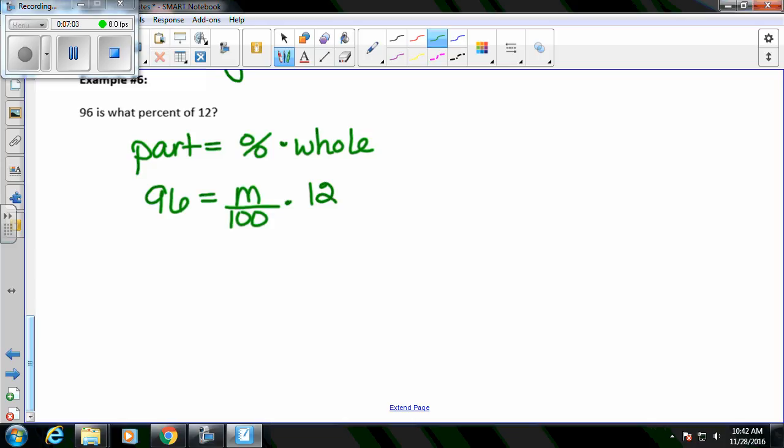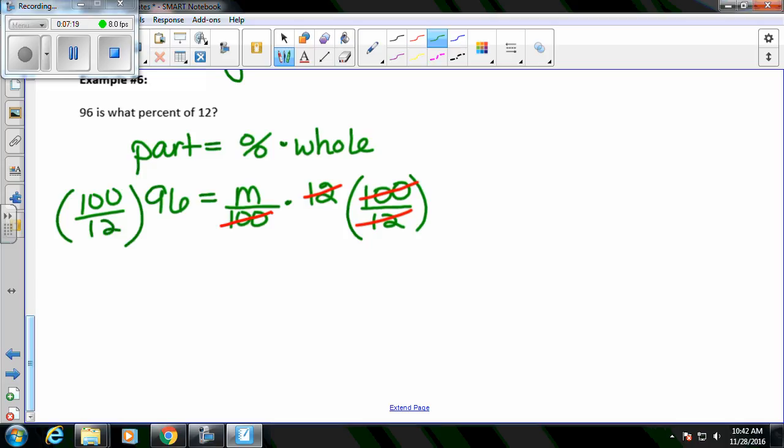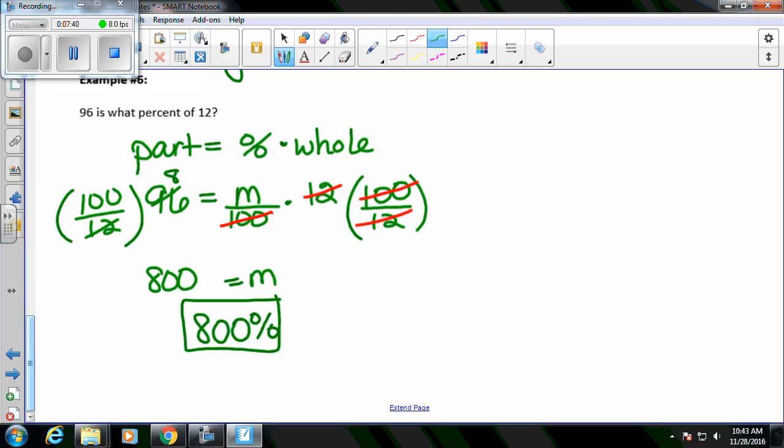So I'm going to multiply both sides by the reciprocal, 100 over 12, because that makes the 100 cancel here, and the 12 cancel here, so if I do it to the right, I have to do it to the left. Okay? Doing a little bit of math again. I know 12 goes into 96 8 times, and 100 times 8 is 800. So it was 800, don't forget this represented a percent because I put it over 100 up in here, 800%.